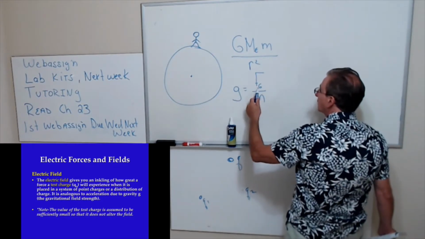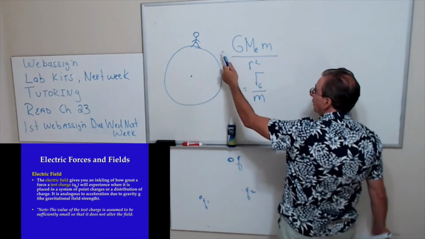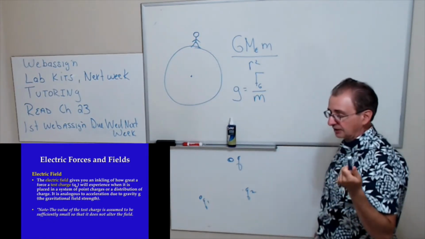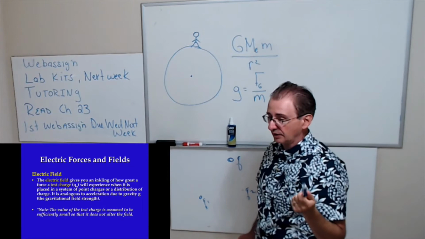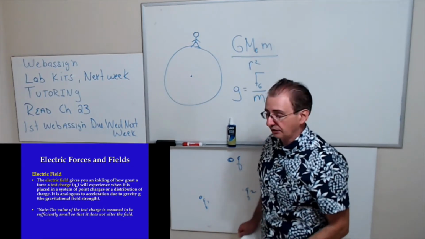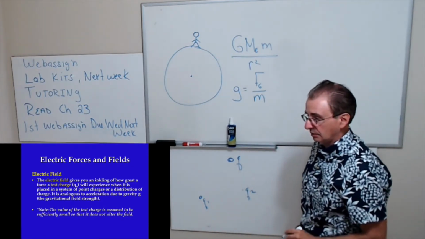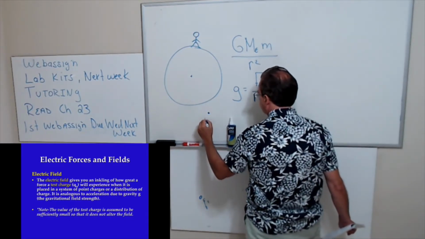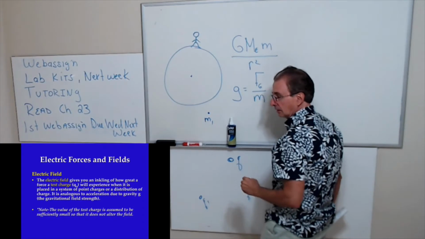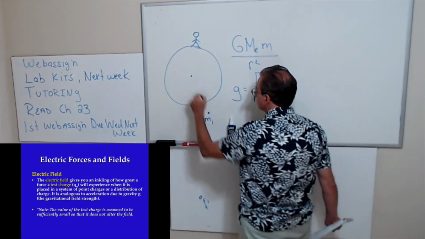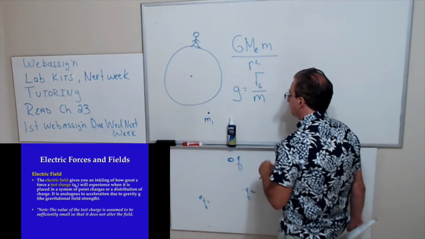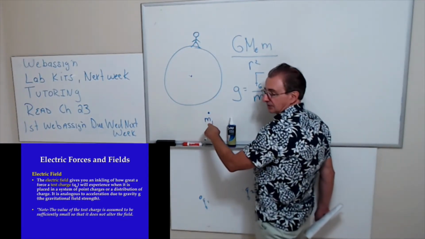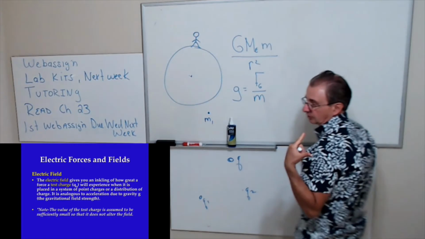Well, this g tells you, if I put an object near the Earth, an idea of how big a force the object is going to experience in the vicinity of the Earth. If I put a mass M1 here, near the Earth, and I know the distance from here to here, the field at this point times my mass is going to tell me how big a force I'm going to experience.